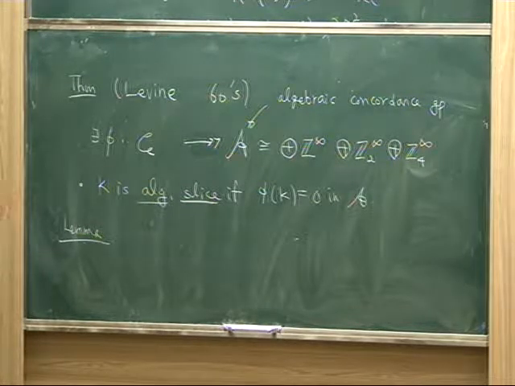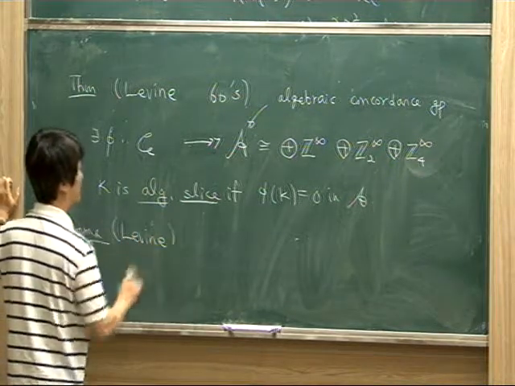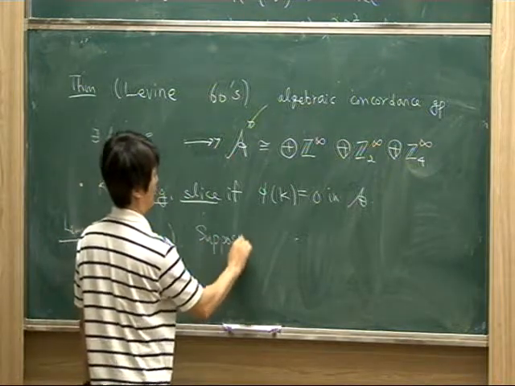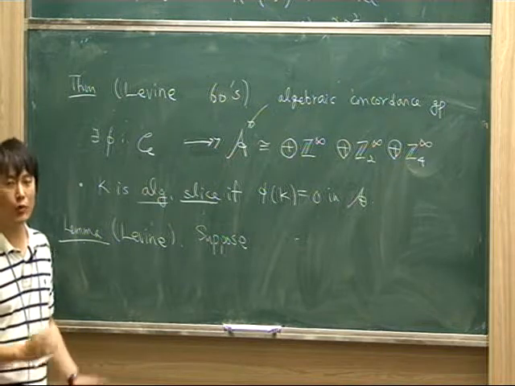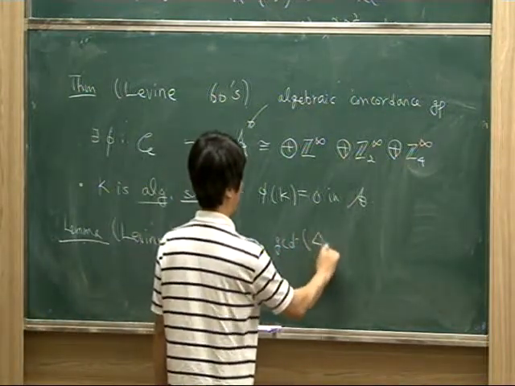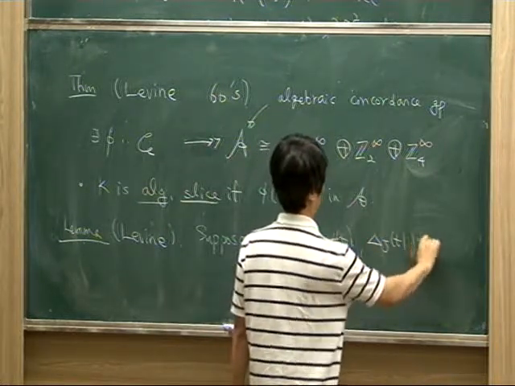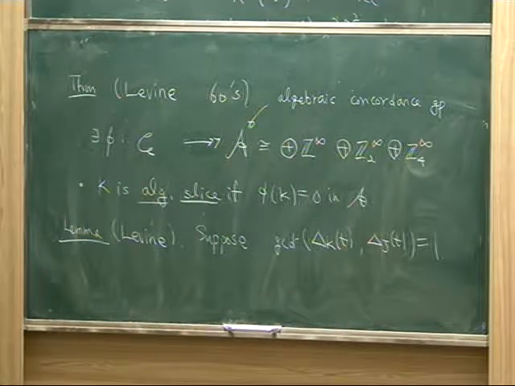So this lemma is an interesting one. Again by Levine. Suppose the Alexander polynomials of two knots are coprime, so the greatest common divisor of the Alexander polynomials is just 1.